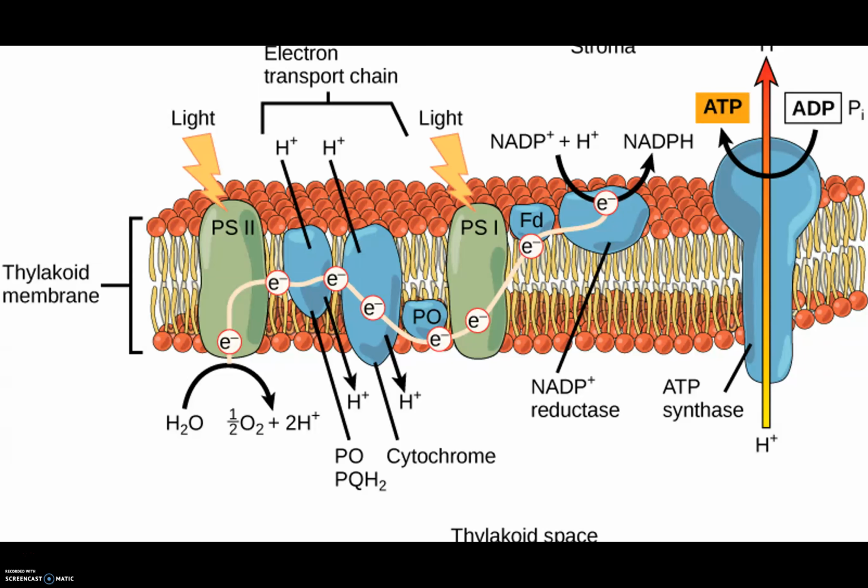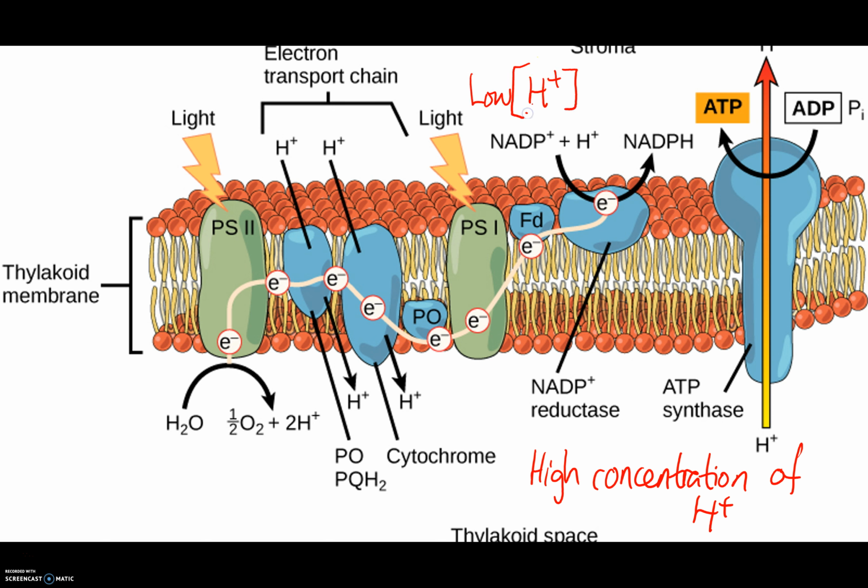Now I have a high concentration of hydrogen ions here, and it's just passive transport to make ATP. So here, high concentration of hydrogen ions, and there, low concentration of hydrogen ions, and then you make ATP. Good?